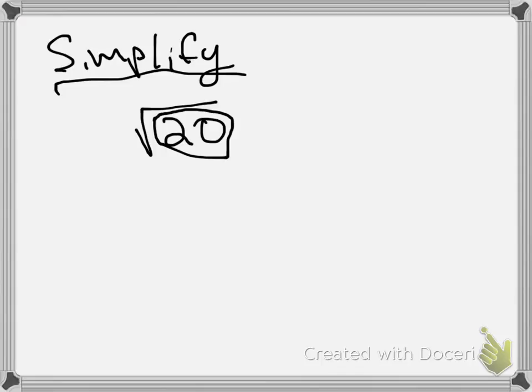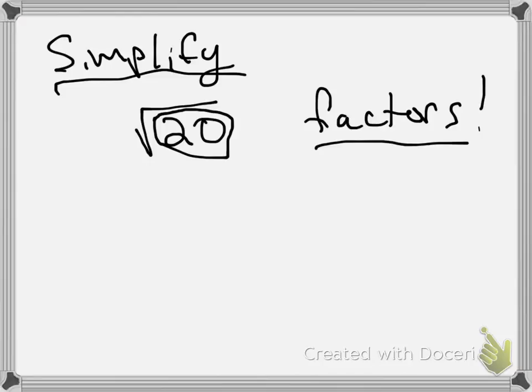So what you're going to do to simplify a square root that doesn't seem like it can simplify, because nothing squared gives me 20 exactly, well, what you do is you create factors again. There's that word factors. We create factors, in this case, by using a factor tree. And factor trees are created by looking at any two numbers that multiply to give you 20 other than 20 times 1. So I'll go, I don't know, 2 times 10, I guess.